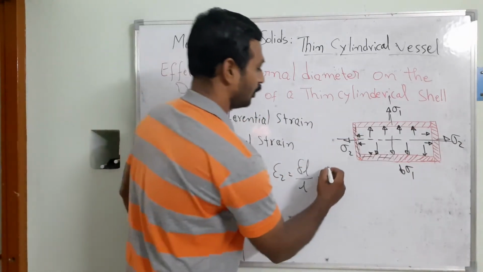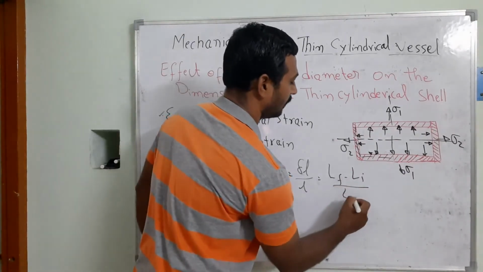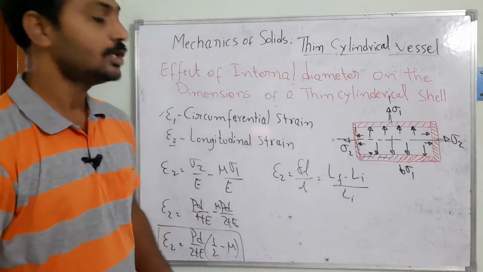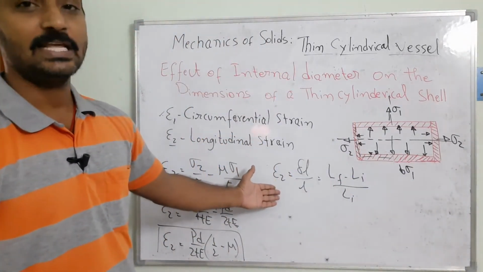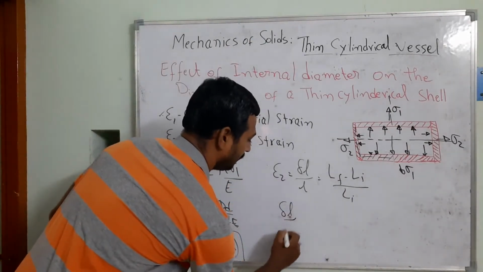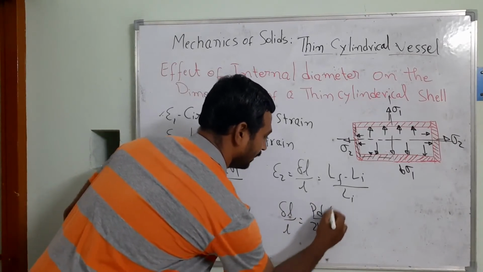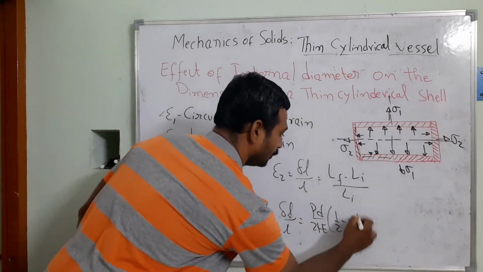I am going to equate the sigma 2 equations with these, so that I get del L by L equal to Pd by 2Te into 1 by 2 minus mu.